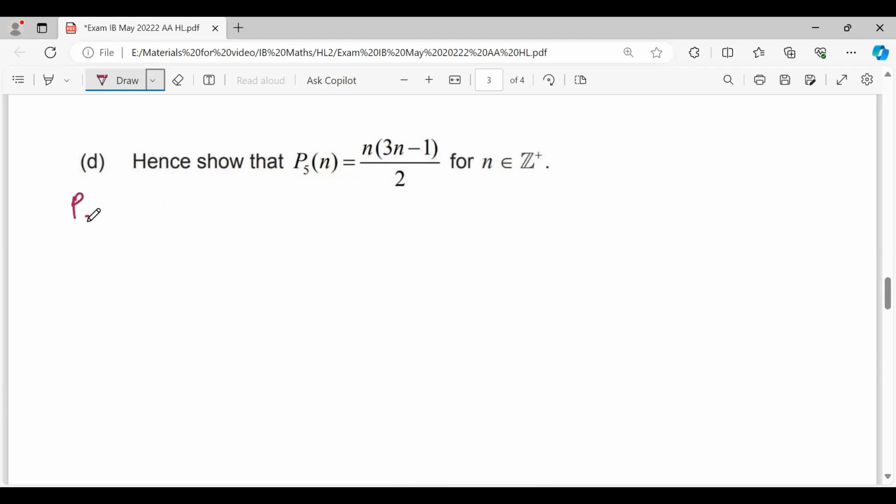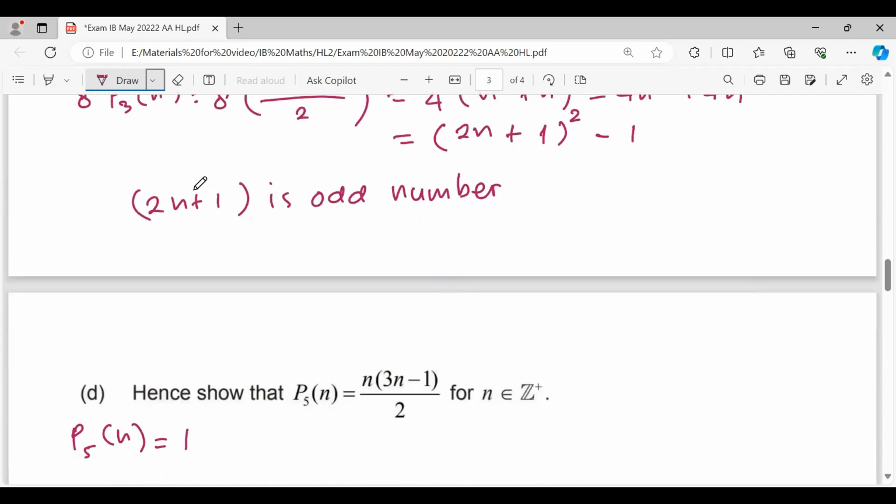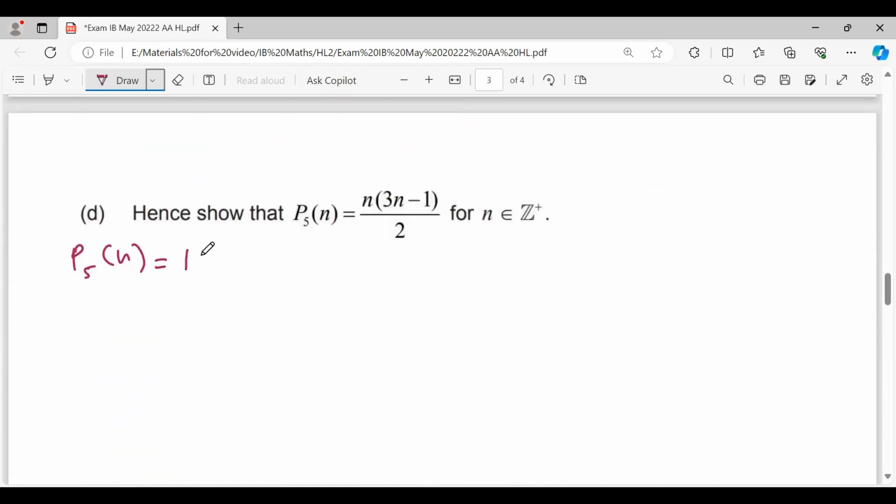So P5n is 1 plus 4 plus 7, okay, 3n minus 2.